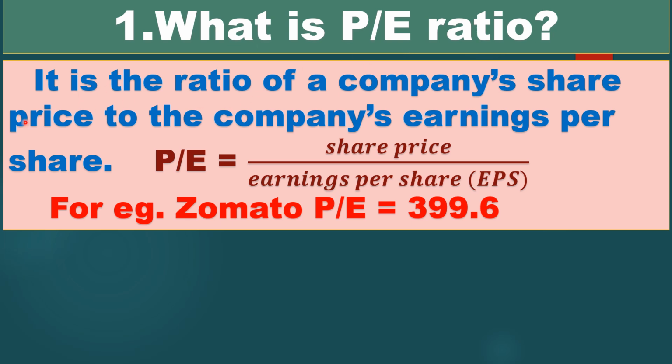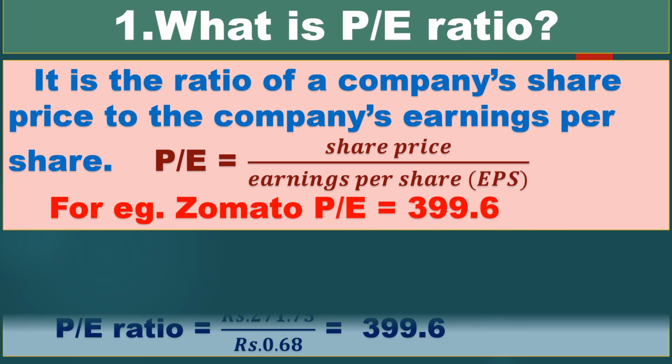So it is defined as the ratio of a company's stock price to the company's earnings per share. It is given by this formula, P by E equal to share price divided by earnings per share. Let us see with an example. For example, Zomato, its PE ratio is this much.